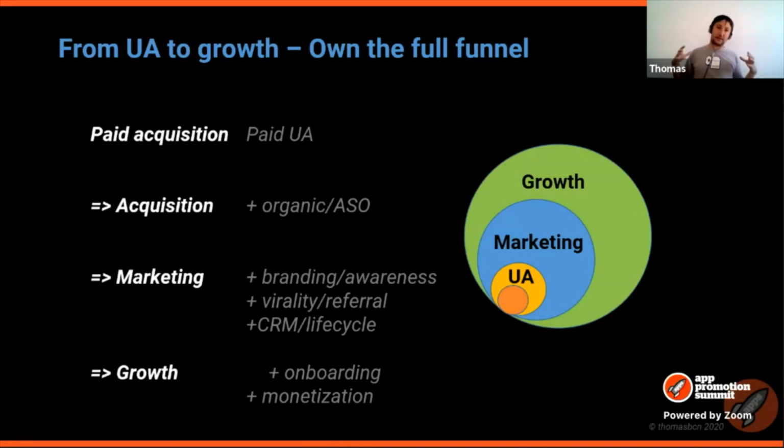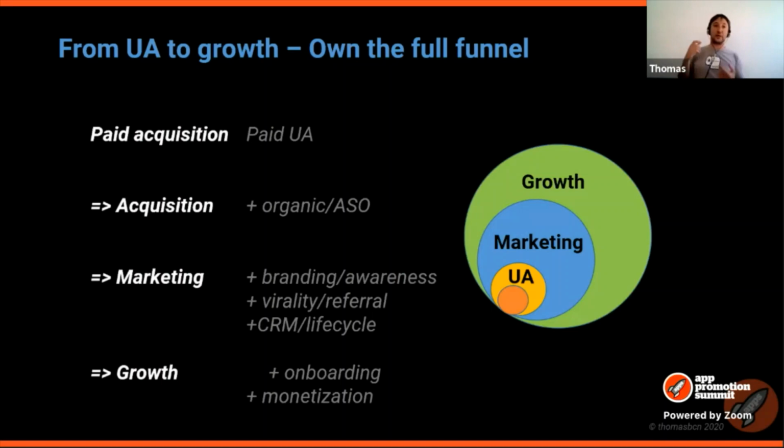This starts, if you only work on paid UA, by looking at the organic relationship, like I said before, to move from paid acquisition to acquisition, which is still a narrow lens of what I want to call marketing, which would be this acquisition part as well as brand marketing. And there's a lot of good content that has been published on how to work between brand marketing and performance marketing together. One of them from Adam Hadi very recently, that I can link to in the chat after if you want.